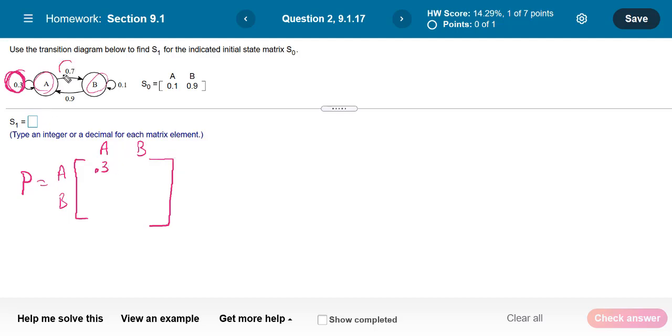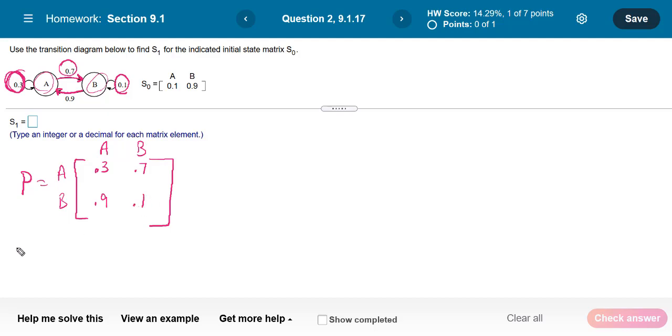The 0.7 is on the arrow that's going from A to B. Here's A to B. The 0.9 is on the arrow that's going from B to A. And finally, the 0.1 is on the circle arrow that's going from B to B.